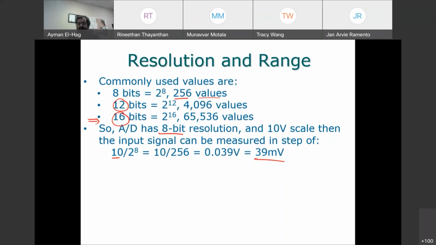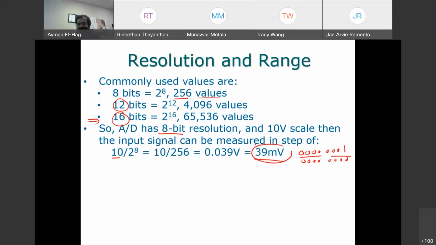Okay, so if you measure 39 millivolt, this will give you 0, 0, 0, 0, 0, 0, 0, 1. Okay, so this is because it's an 8-bit. So you have here 4 and 4 bits. Anything less than 39 millivolt will give you 0, 0, 0, 0, 0, 0, 0, 0.